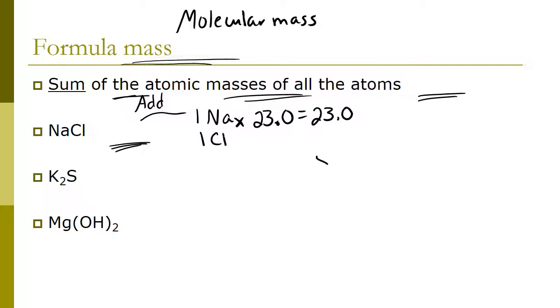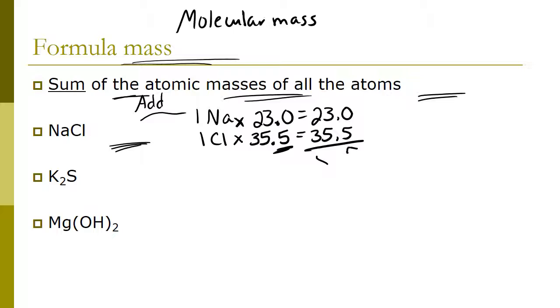Chlorine, I have 1 chlorine. So chlorine is 35.45. Okay, I want 1 decimal, so I look at the second one. It's 5 or above, so it's going to cause that 4 to round up. I have 35.5. Notice I'm still giving 1 decimal.